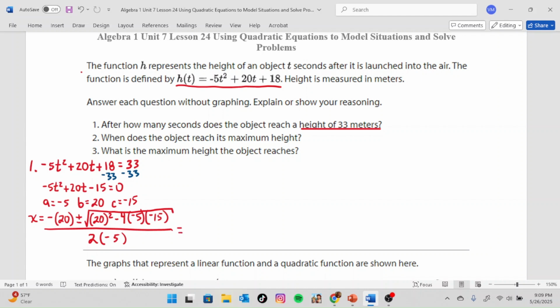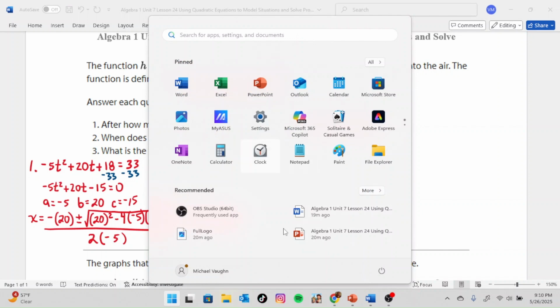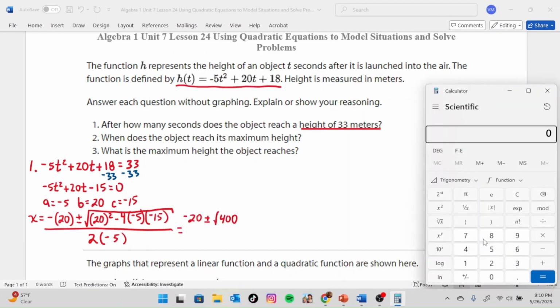This gives us negative 20 plus or minus the square root. 20 squared is 400. Then negative 4 times negative 5 is positive 20. And positive 20 times negative 15 is going to be negative 300.